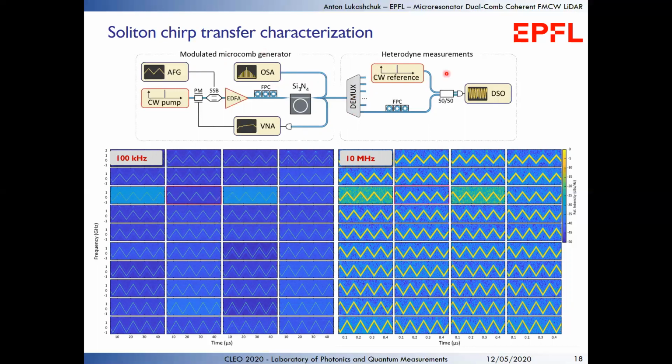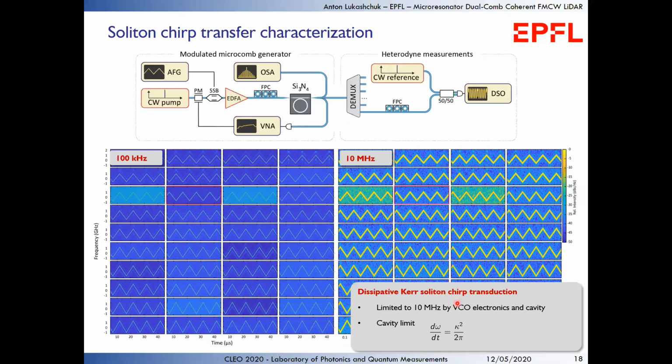We can see that the chirp is fairly good for 100 kilohertz, even if we sweep as fast as 10 megahertz. We can even sweep faster, but we were limited by our electronics. In principle, theoretically, the limit should be the cavity limit, because the cavity works as a filter, and it should be kappa squared, where kappa is the total linewidth of the cavity.